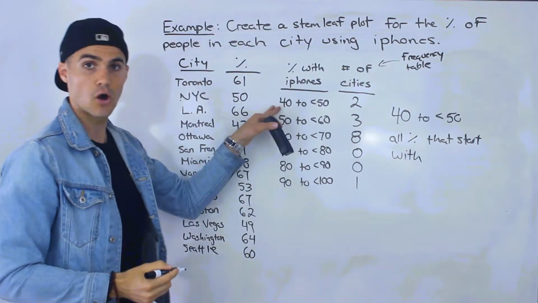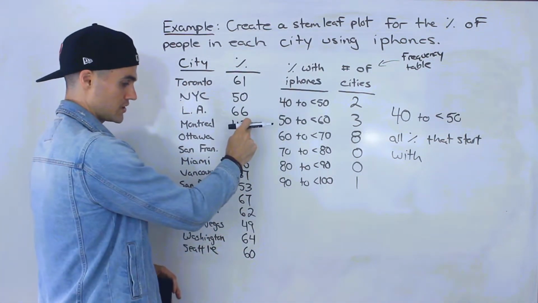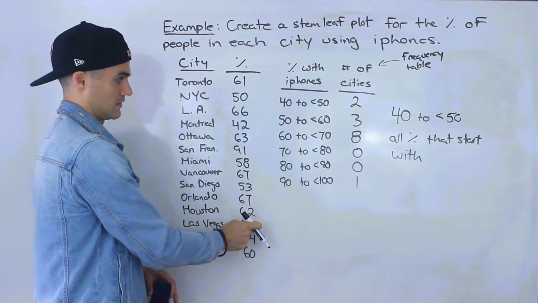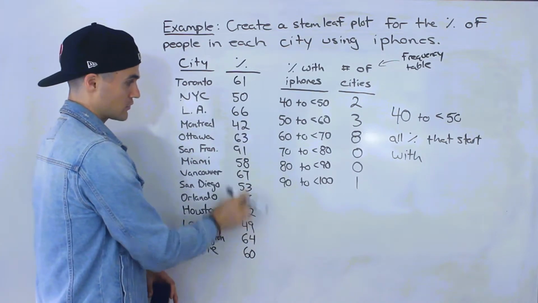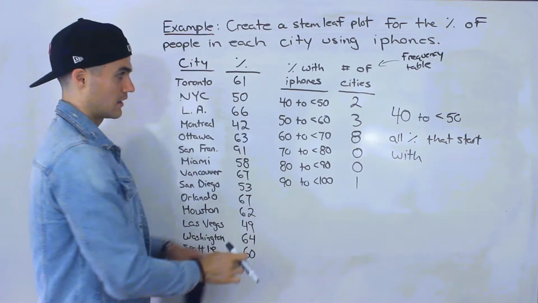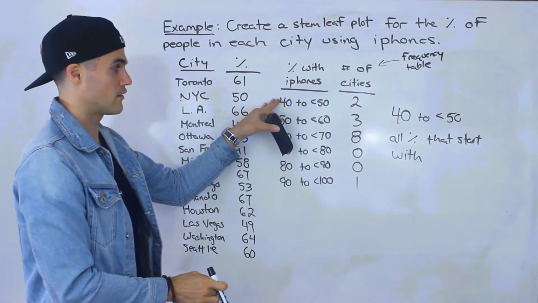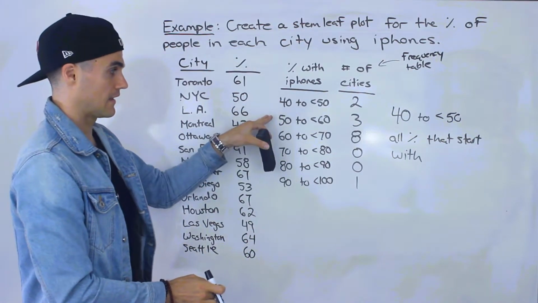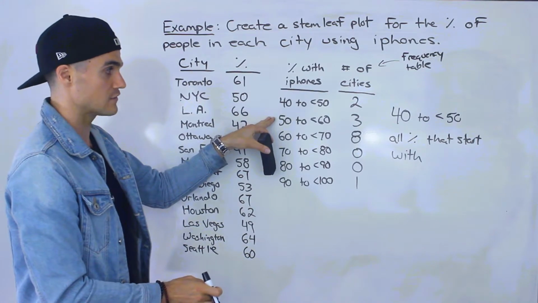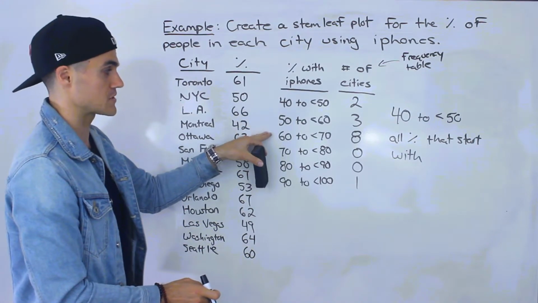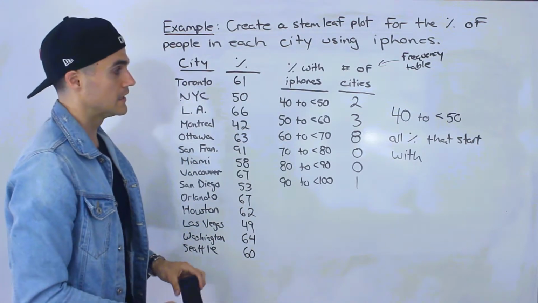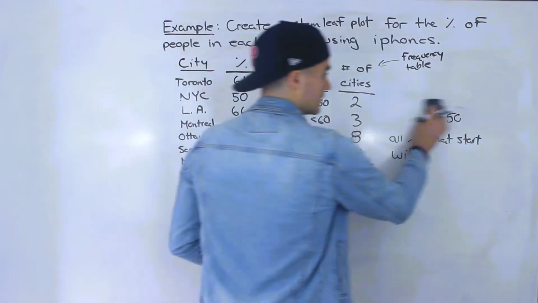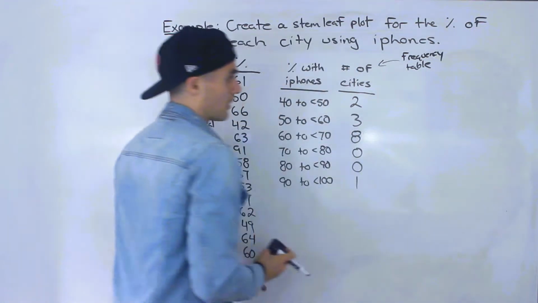Notice this is always going to be in the 40s. So we have this 42 and 49. Whatever starts with 4 is going to go in this interval over here. Then over here, whatever starts with 5 is going to go in this interval, whatever starts with 6, whatever starts with 7. So that's what a stem leaf plot basically does.